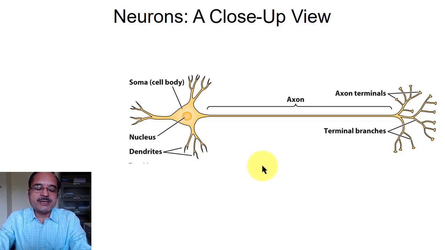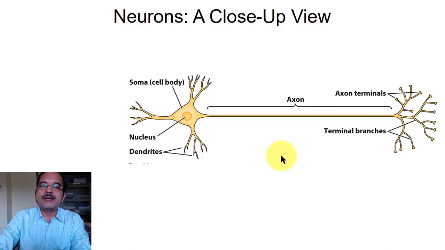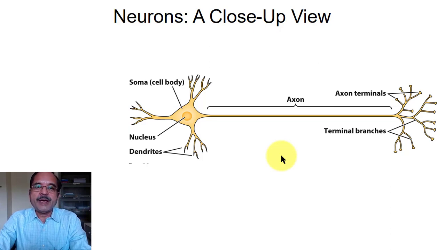So as we have discussed, an action potential is a sudden transient depolarization of the membrane which is followed by repolarization to the resting potential of about minus 60 millivolt. Action potentials move rapidly at speeds up to 100 meters per second.